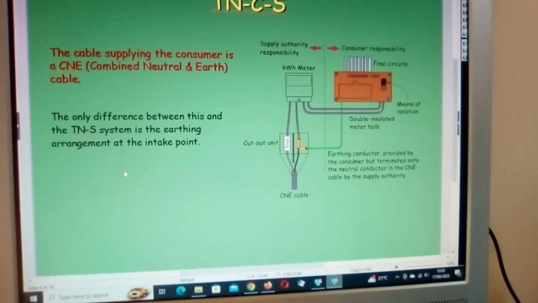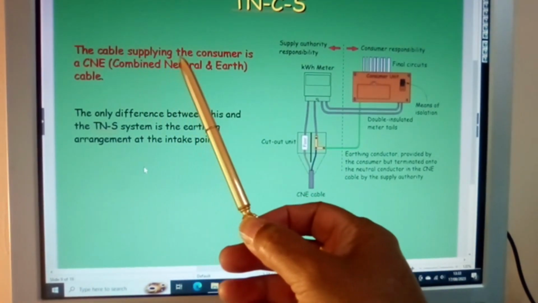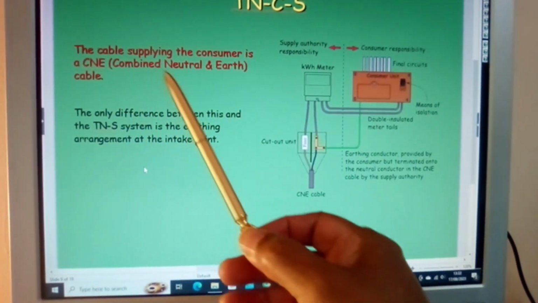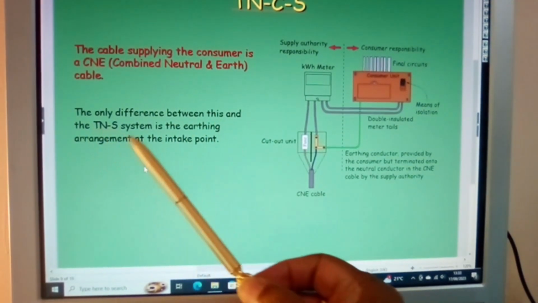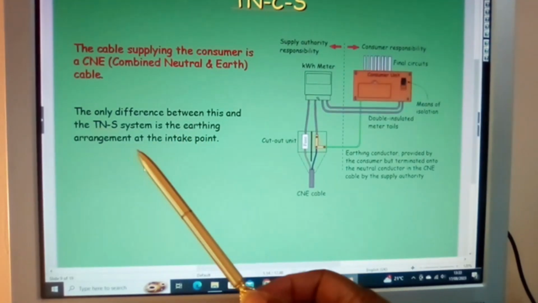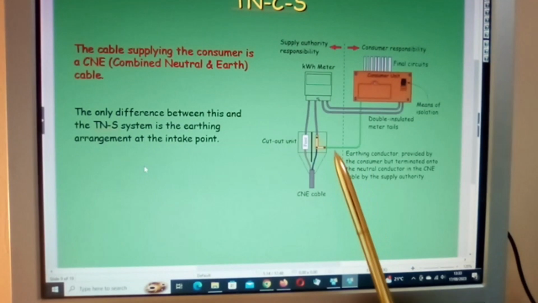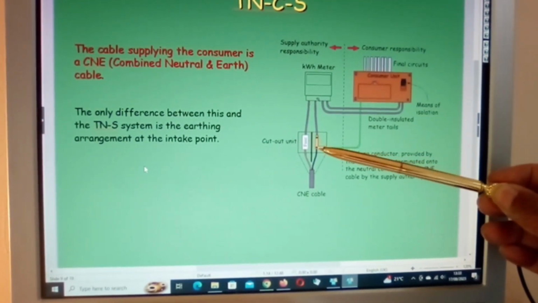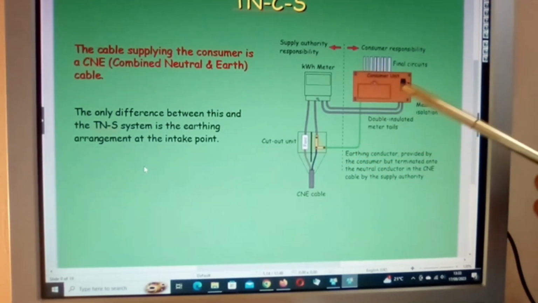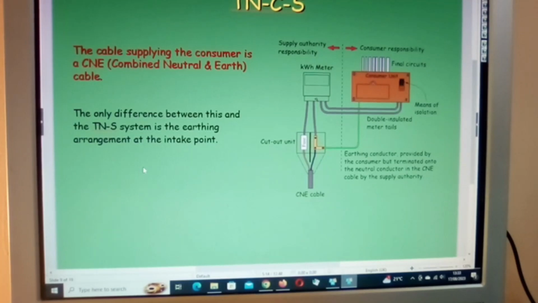Now here we have a TN-C-S system. The cable supplying the consumer is a CNE, combined neutral and earth cable. The only difference between this and the TN-S system is the earthing arrangement at the intake point. Here we have the neutral connected to the earth, solid link, and the same would apply at the consumer unit as well.